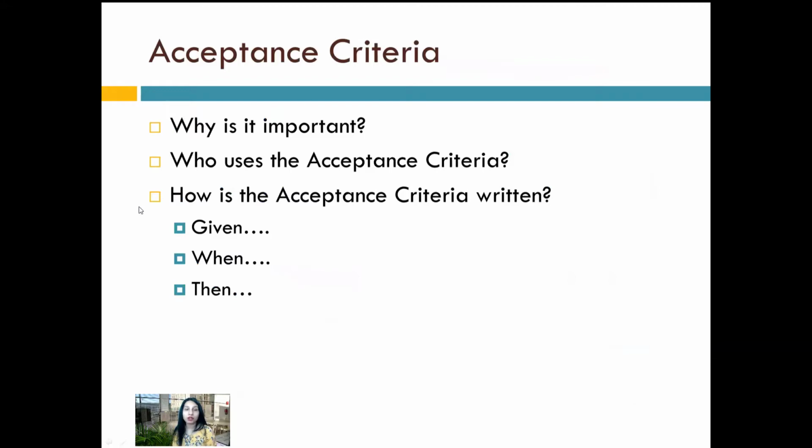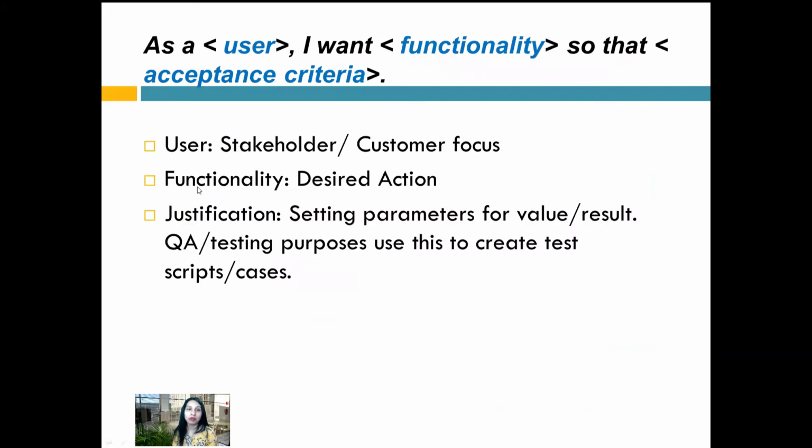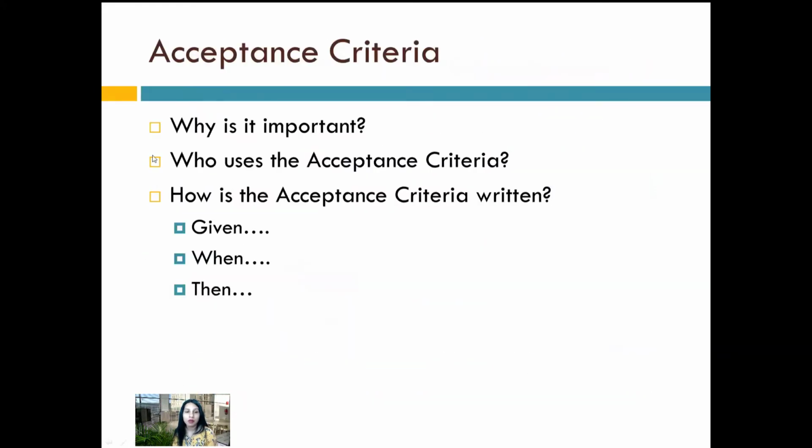So there's another format. The typical format that you guys are probably very used to is this for a user story. As a user, I want some functionality so that I can achieve some desired result, right? For us to write complete acceptance criteria, here's the format. You want to write given, when, and then. And I'll use that in an example so you guys understand.